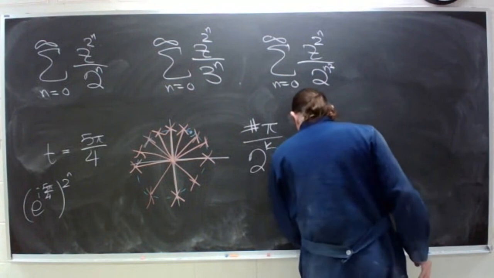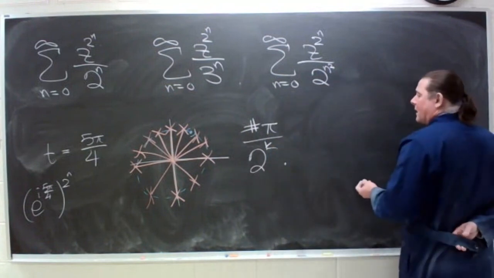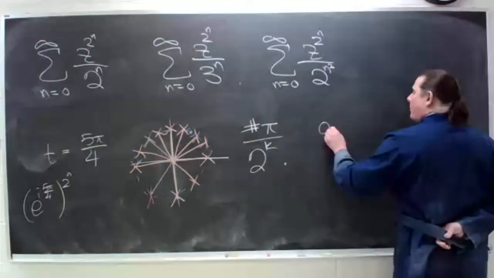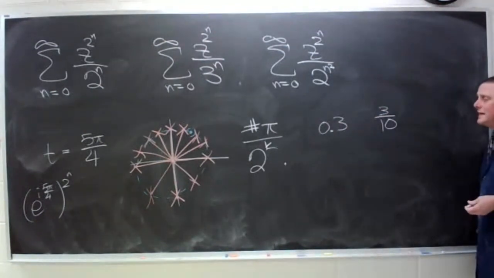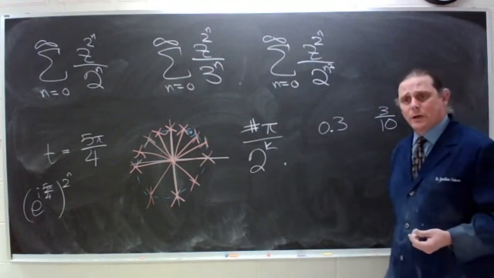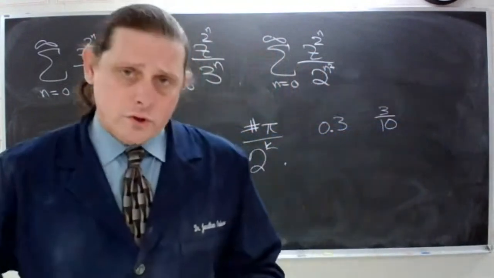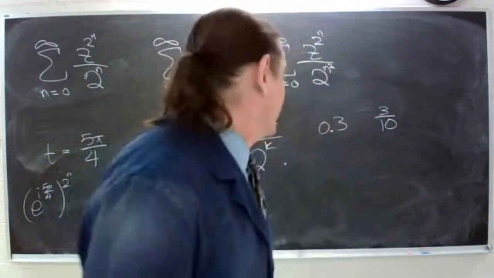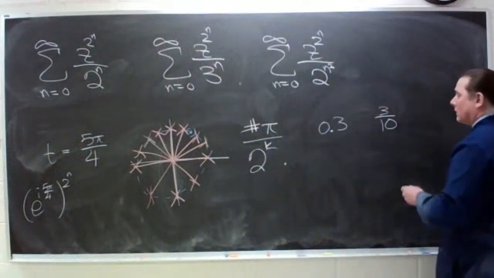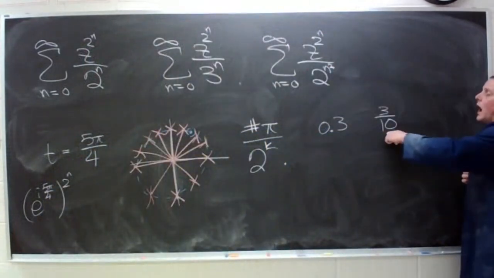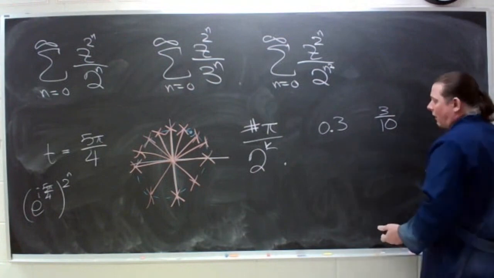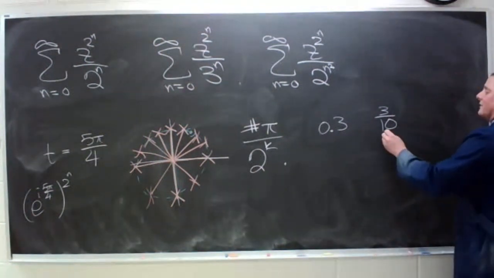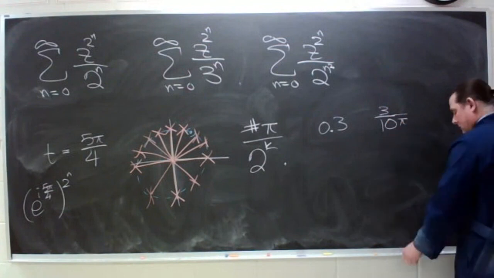All right? Because there's just too many. If I wanted something near 0.3, like 3/10, I can certainly get an approximation to 3/10 with a denominator that's a power of 2. And I can get arbitrarily close. Or I guess I would have to do 3/10 divided by pi.